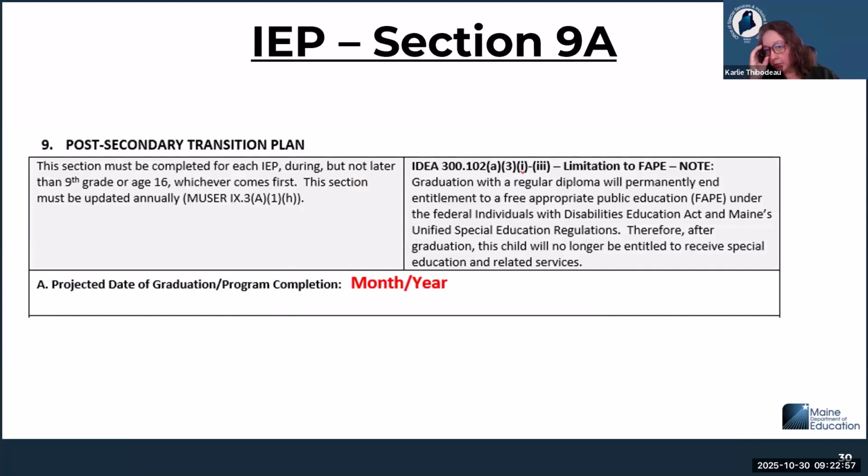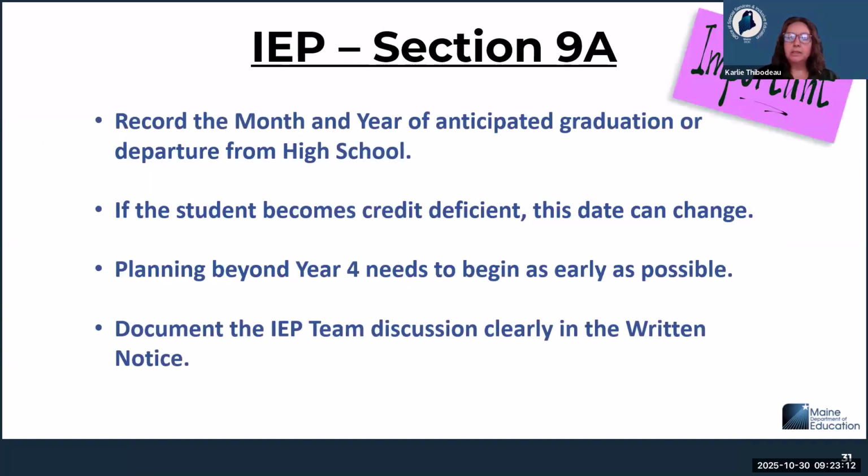All right, and then on the transition plan, 9A, that very first section of the transition plan, just make sure you're including that projected date of graduation or program completion. So just the month and year is compliant. And again, this transition plan is all about showing movement. So if something happens and you thought the student was on a 4-year projected graduation or exit, and it turns into 5 or 6 or however many, that date can be changed.